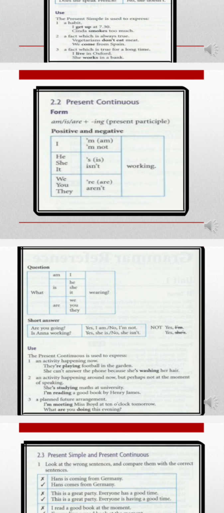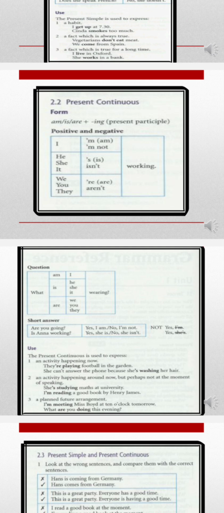Present continuous. Its form: am, is, are plus ing, the present participle. Positive and negative. For example, I am working.